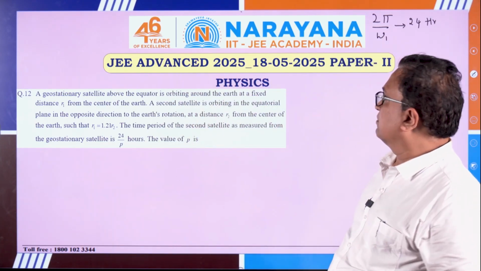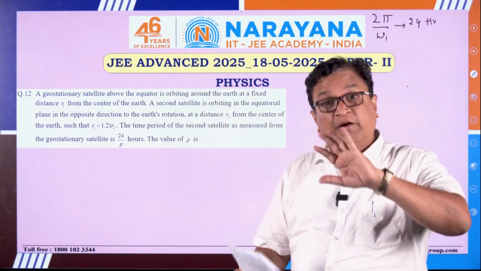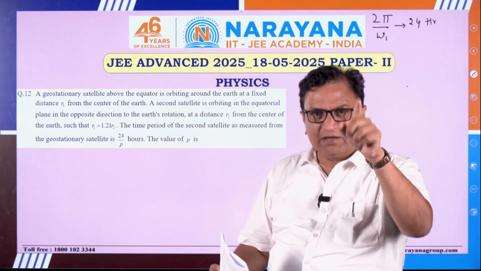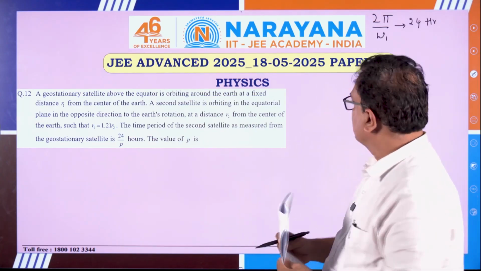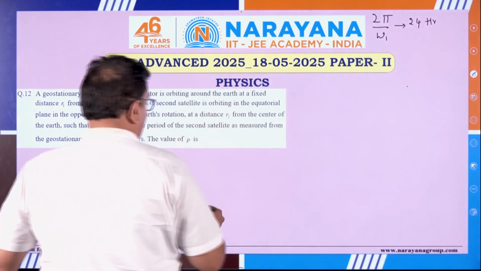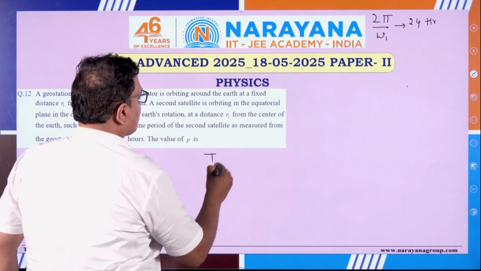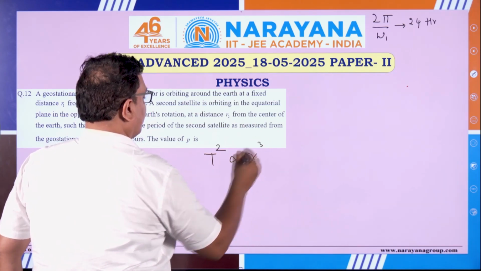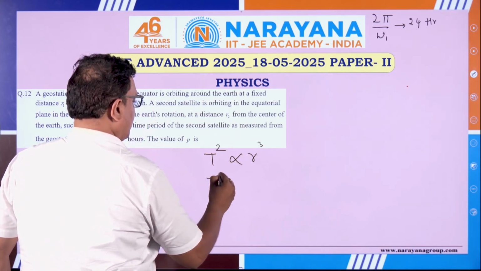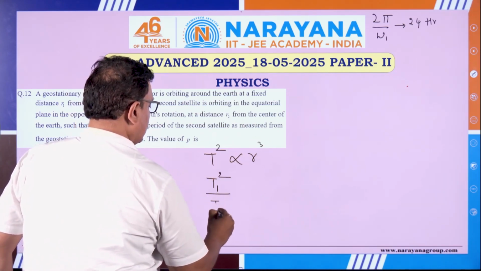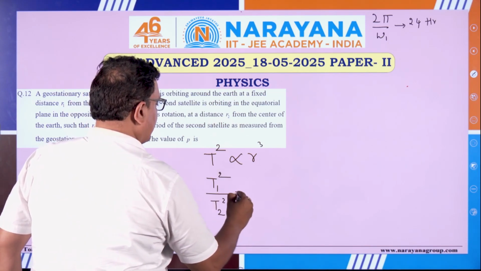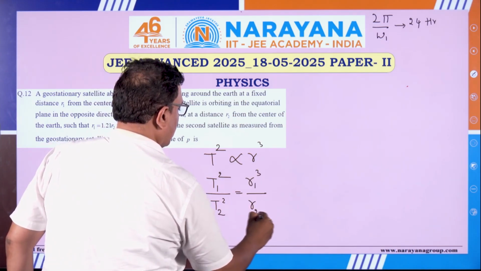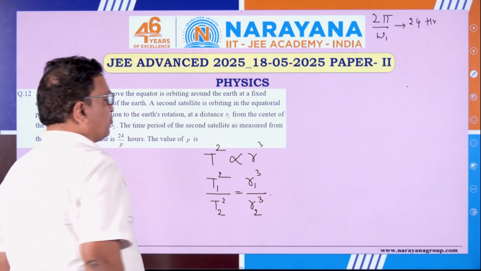It's given in the question at a distance r2, and you have been given a relation between r1 and r2. That means you can get a relation between T1 and T2, which means you already know T squared is proportional to r cubed. T1 squared by T2 squared is R1 cubed by R2 cubed.